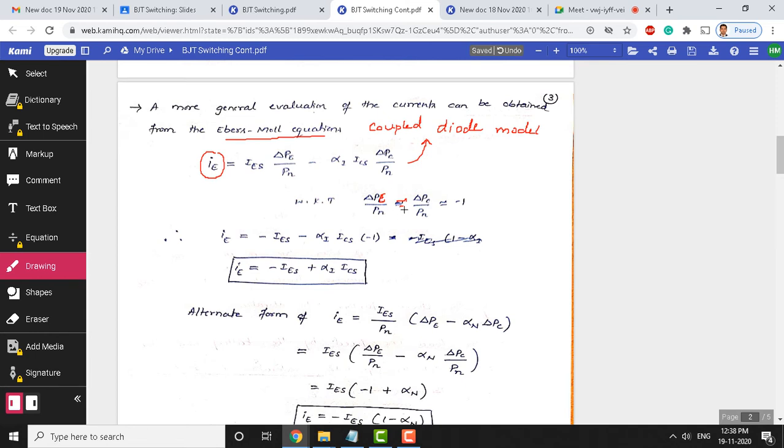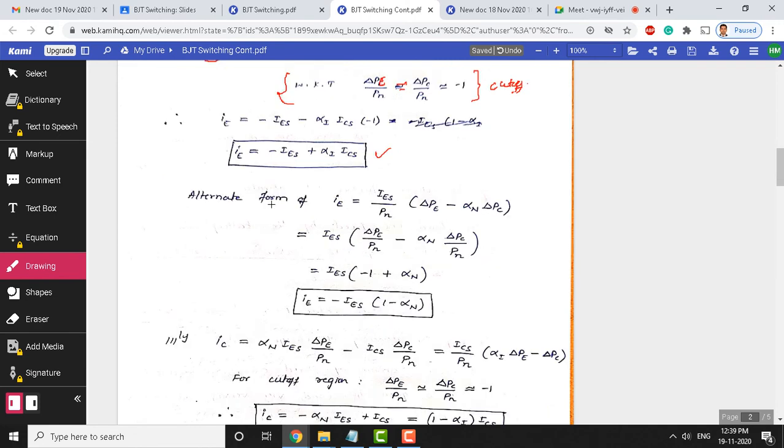Now, if you apply these approximations of the cutoff region into the coupled diode model or Ebers-Moll equations, the terminal emitter current is given by, so here you can substitute delta P_E by Pn as minus 1 and minus alpha I ICS as it is, and delta P_C by Pn also as minus 1. If you simplify, you are going to get the terminal current as IE equals minus IES plus alpha I times ICS. So this is the terminal current flowing in a transistor under the cutoff mode.